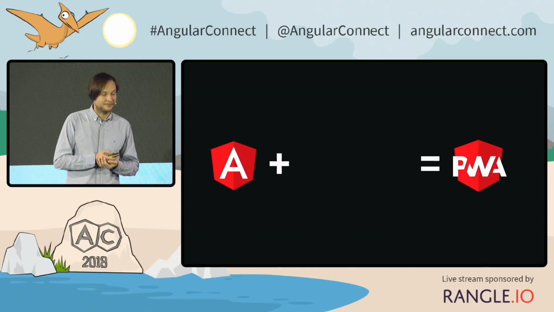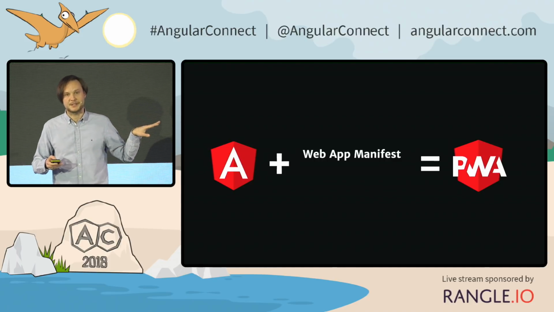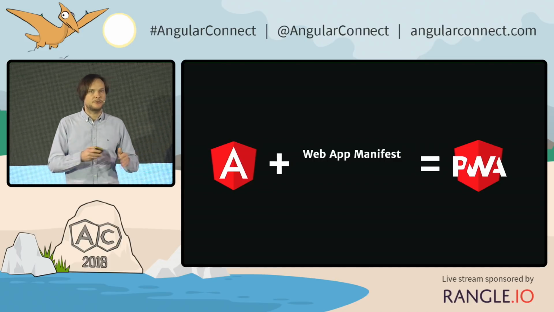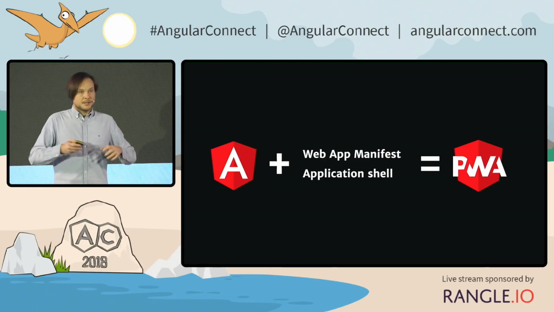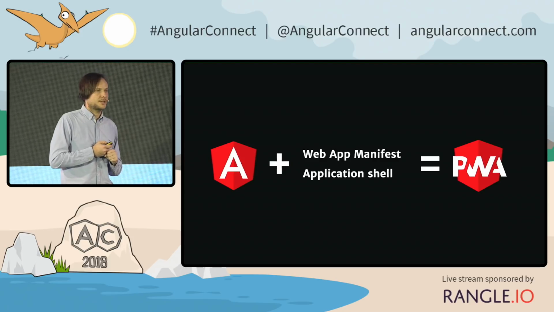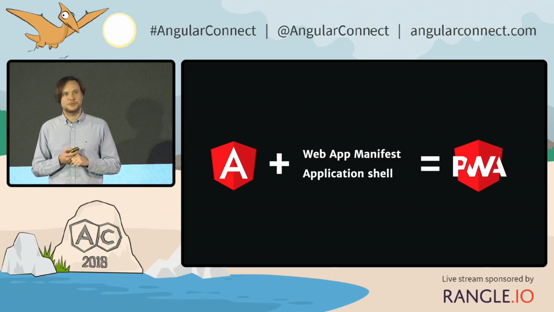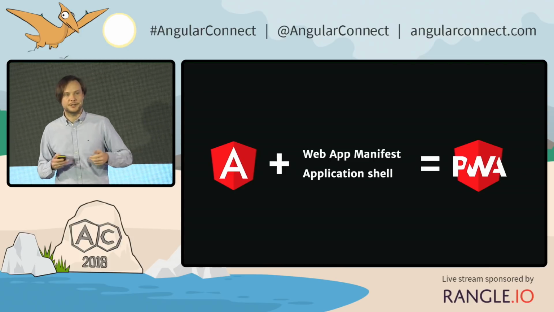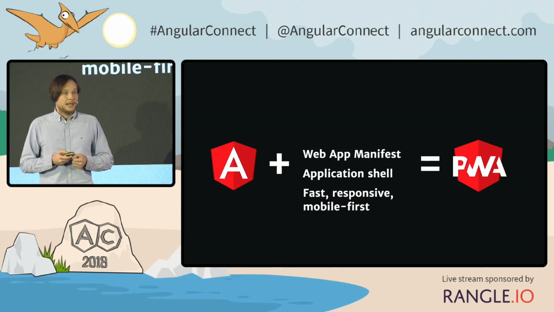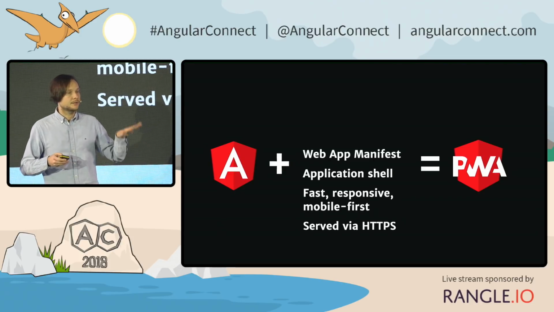So remember this, I will test you in a few moments, but before that, let's understand what a PWA MVP is. Web app manifest, already mentioned: a JSON file to wrap everything into an application. App shell, a special architecture which is responsible for having everything running and working offline. And two more points.